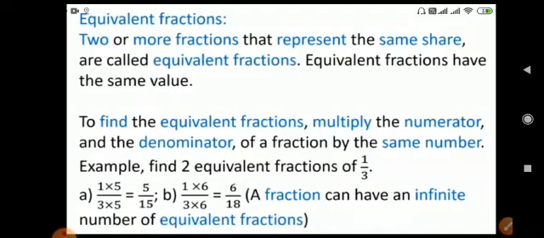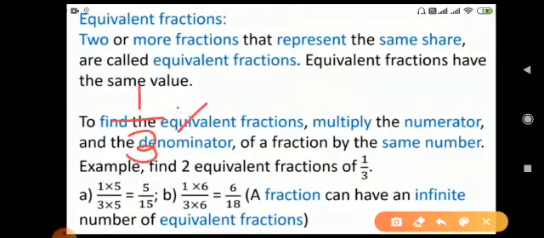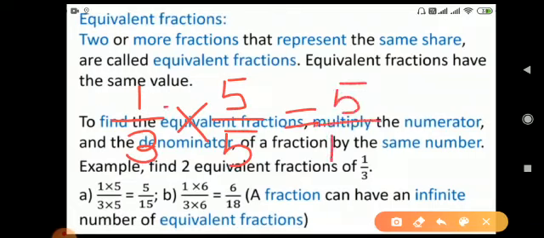For example, the question is given: find two equivalent fractions of 1 upon 3. So, what will we do? We will multiply the numerator and denominator with the same number. Suppose I have taken 5 over here. So it will become 5 ones are 5 and in the denominator 5 threes are 15.